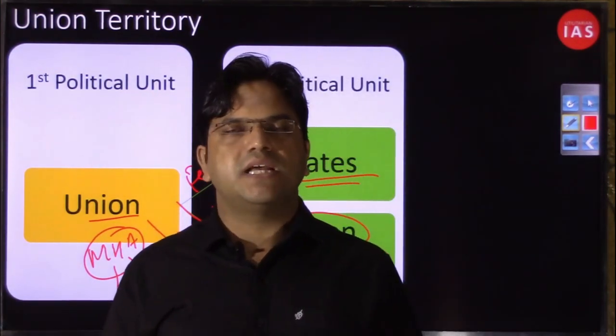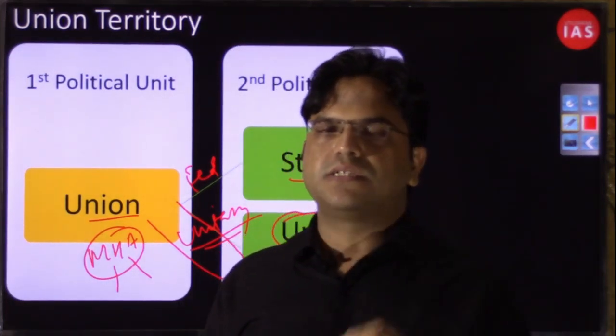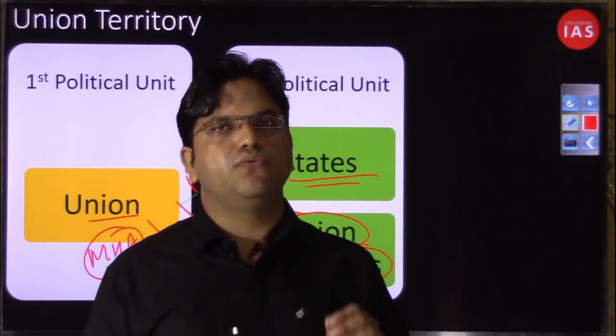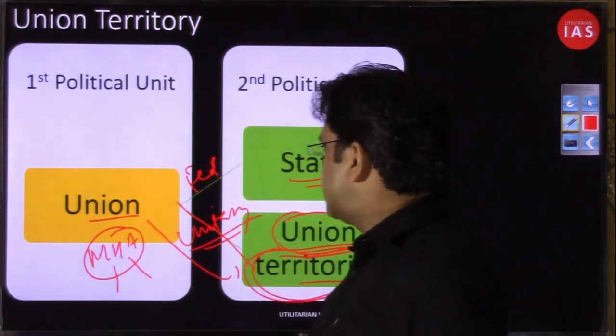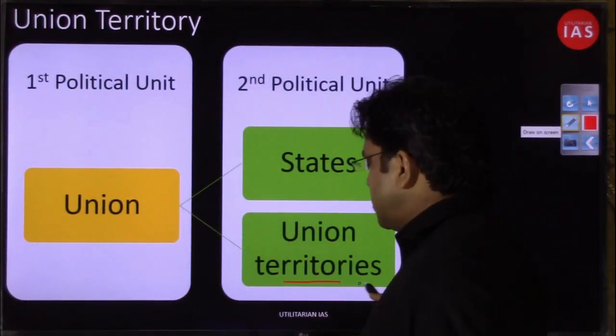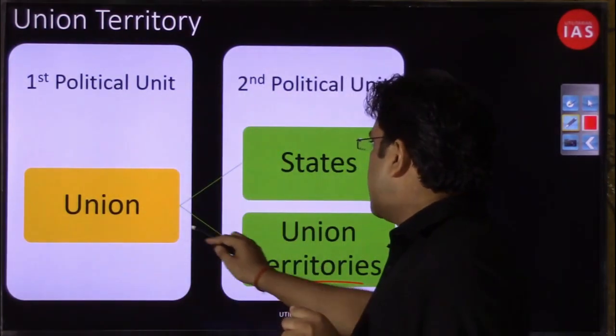However, as far as legislative power is concerned, they have constrained legislative power. Just having an assembly does not mean that Parliament or the Union will not have any control over those. So the plain and simple definition of union territories would be the territories, entities or political units that are directly administered by the Union.